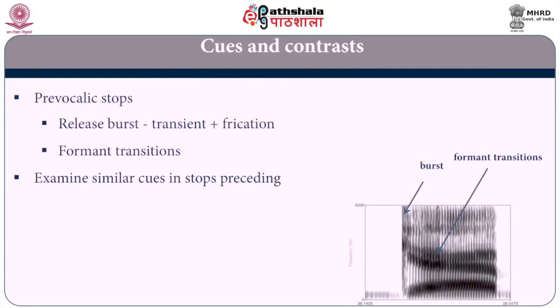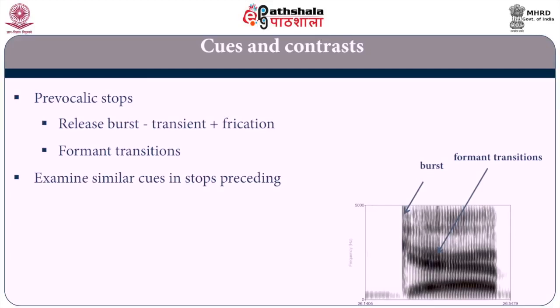So, we have talked about certain acoustic cues and how those cues participate in contrasting meaning differences. If you take the spectrogram that I'm sure you will see on the screen, you will see a burst. What is a burst? Burst is a cue for plosives, right? It is followed by a transition.